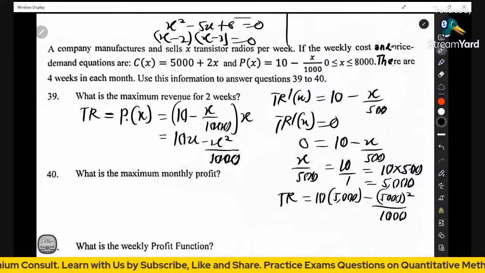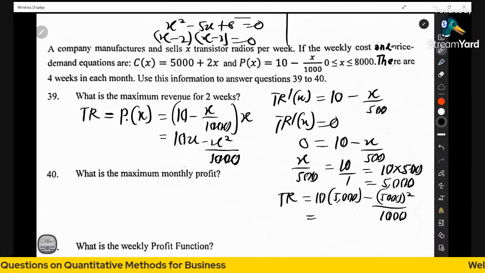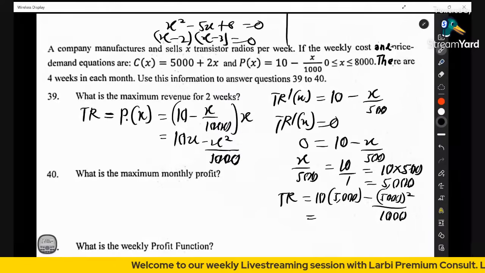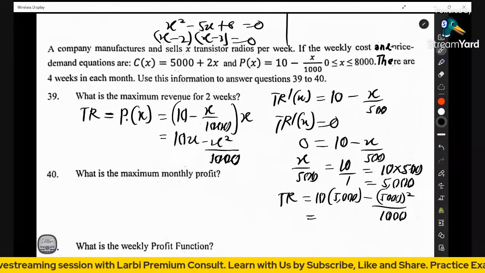Once you get the value of x after differentiation, substitute back into the original function. When I multiply this, I get 50,000.